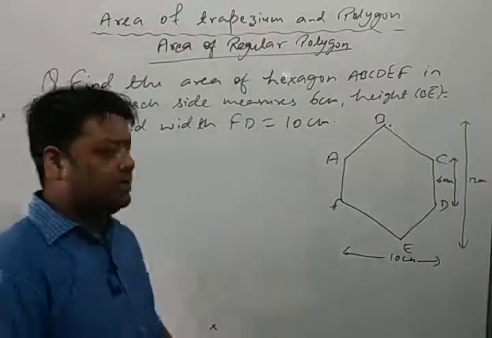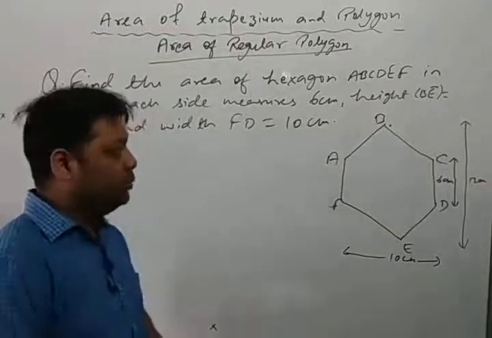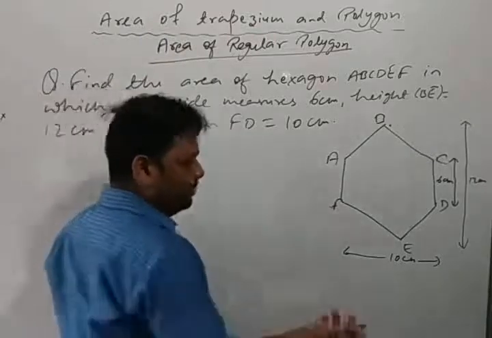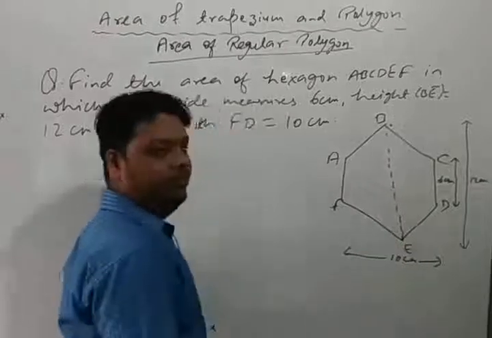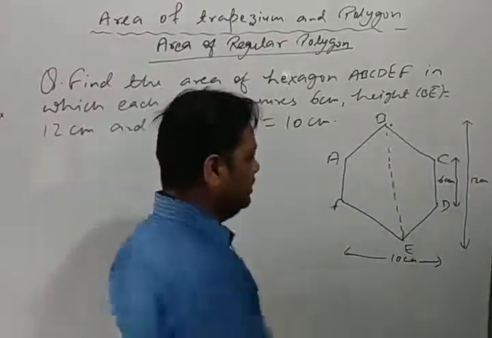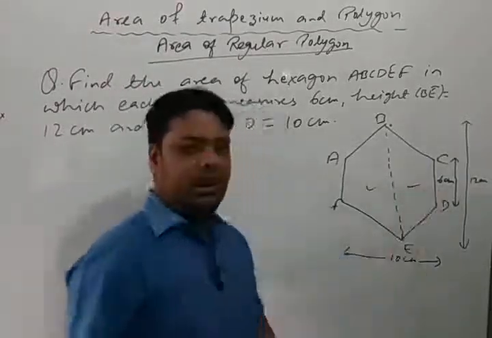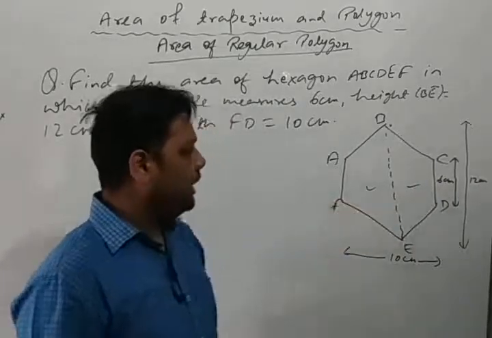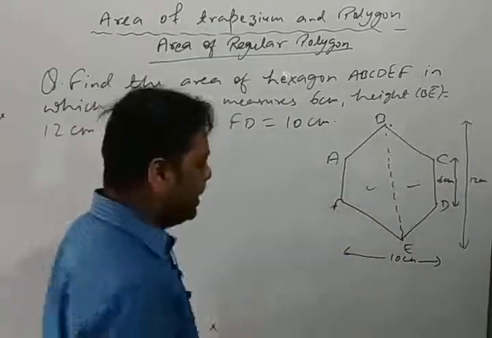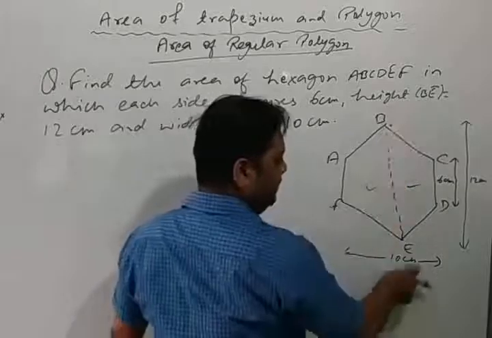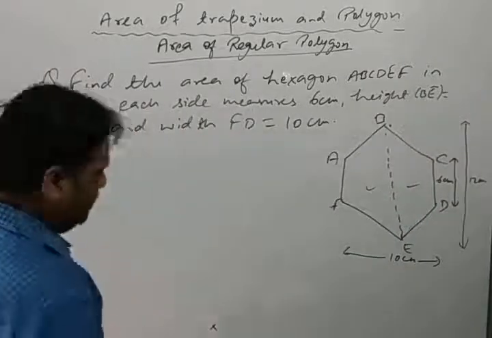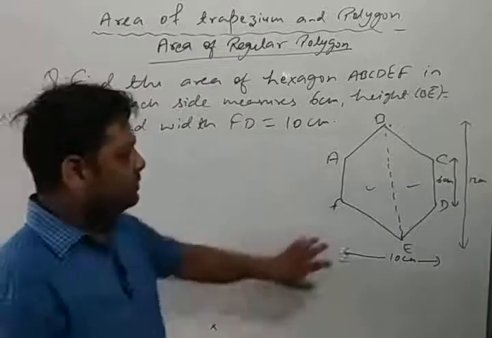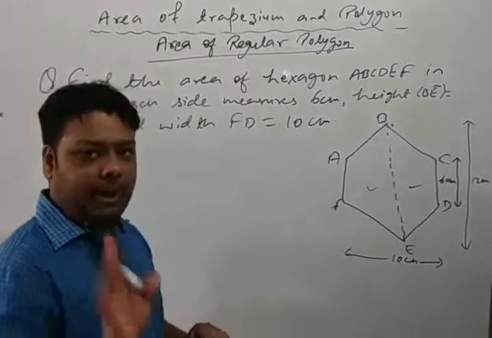Now we have to find. As I said, we have to separate into two parts, or many parts. If we draw a line from B to E, then both sides are the same, and both sides look like a trapezium. The parallel sides are AF parallel to BE parallel to CD. Now we can find the solution of this question by two methods.